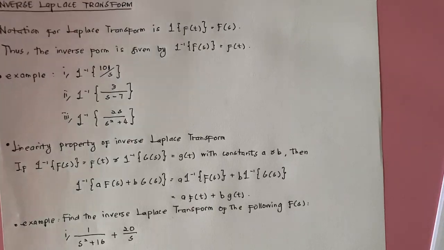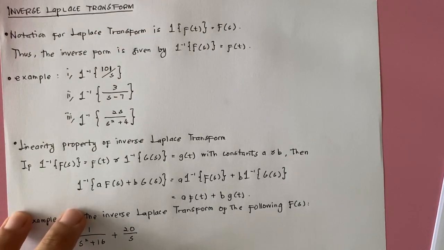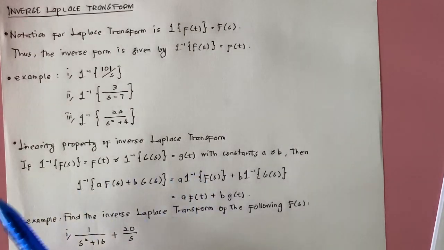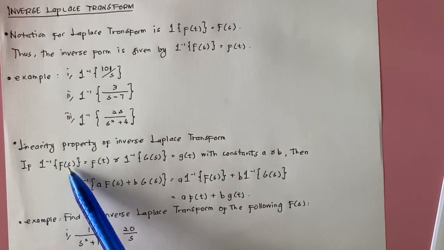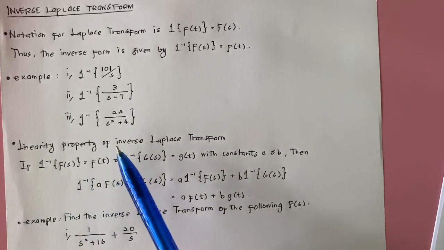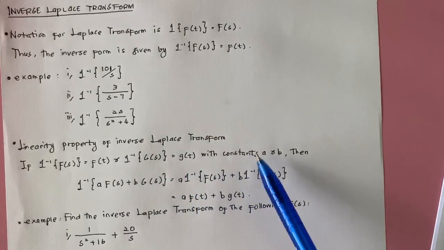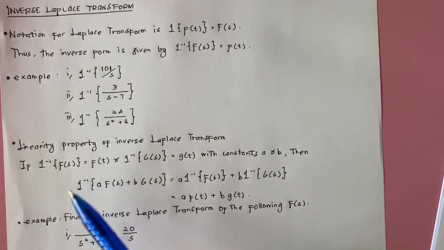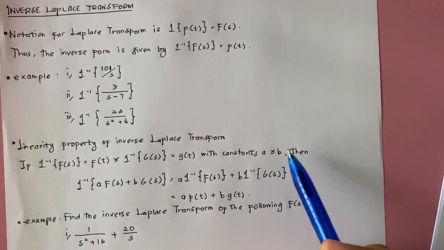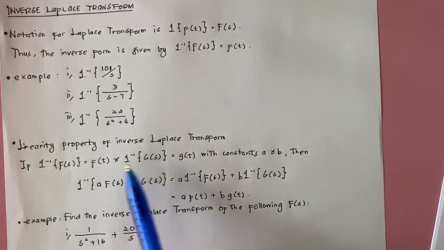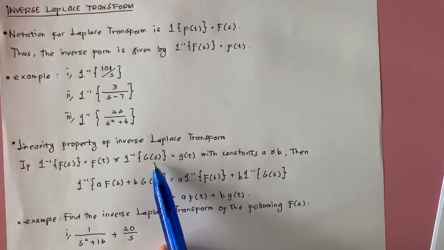Next, we have the linearity property of inverse Laplace transform. If inverse Laplace of F(s) is equal to f(t) and inverse Laplace of G(s) is equal to g(t), with a and b as constants, so you have two functions, F(s) and G(s).